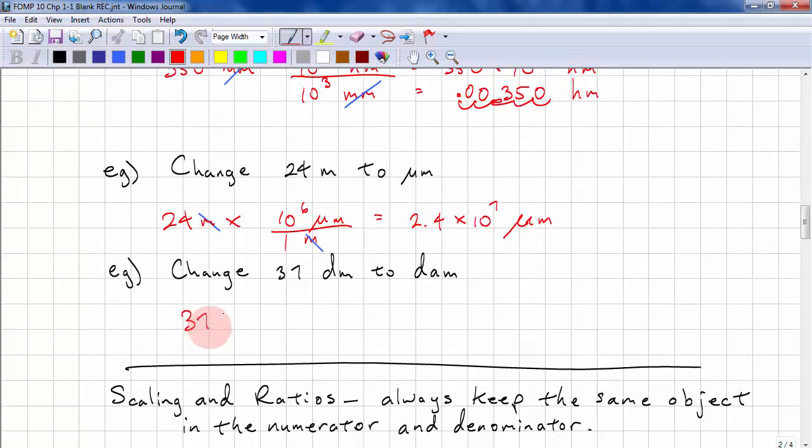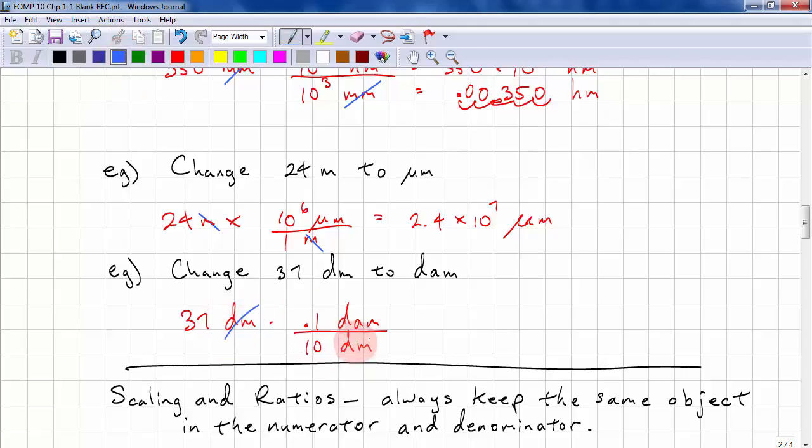So we have 37 decimeters times 0.1 decameters and 10 decimeters. There's 0.1 decameters in a meter, and there's 10 decimeters in a meter.